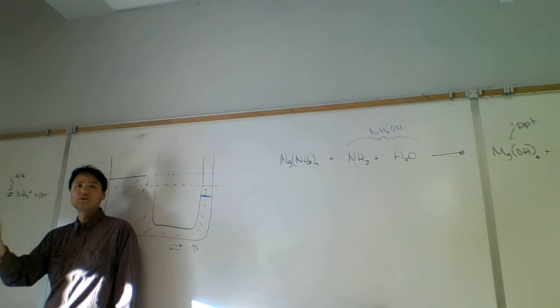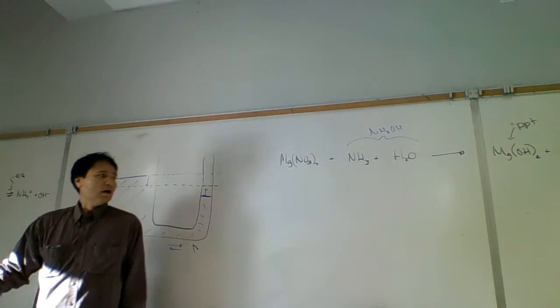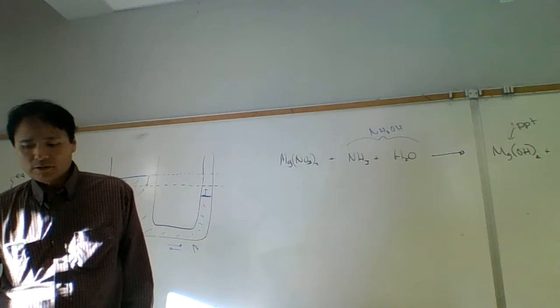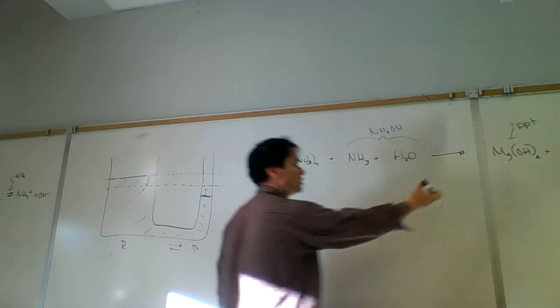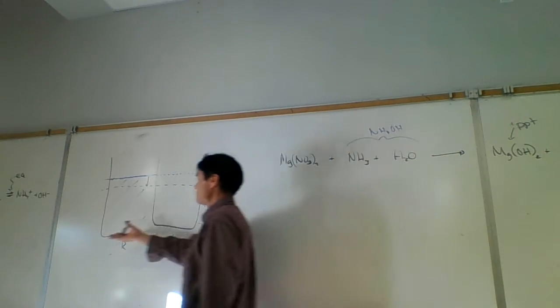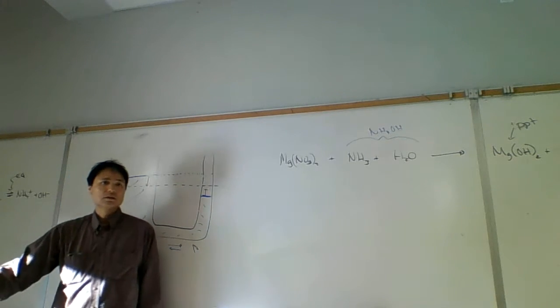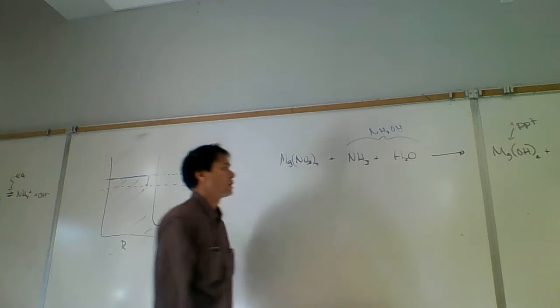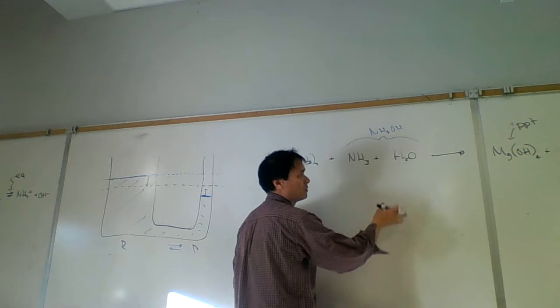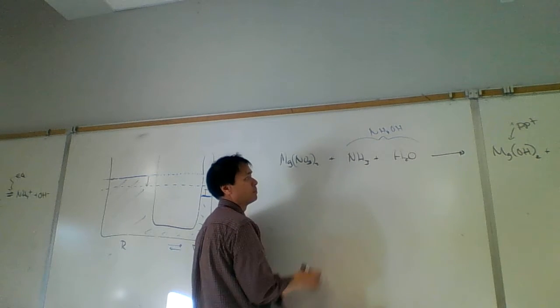We just got to keep removing it from the reaction. So even though it seems like we don't really have a driving force here, we do in the sense of Le Chatelier's. All right, so we got driving force, which is precipitate, and therefore we should balance this.